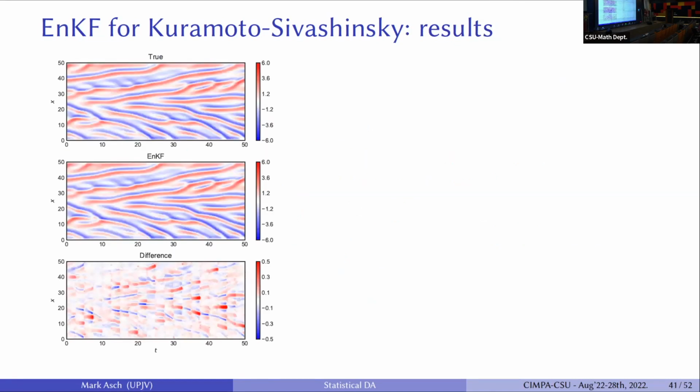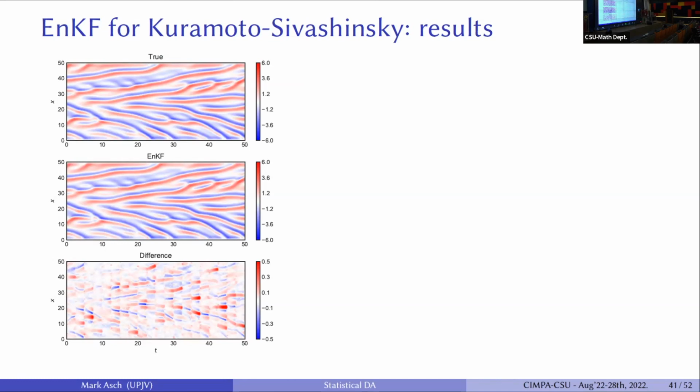And what's amazing is that with the ensemble Kalman filter, here's the true trajectory. Here's an ensemble Kalman filter which is obtained from noisy measurements, and you see the difference is reasonable. It's not very small. Let's say it's about 0.5 over 5. It's approximately 10% error, which is really not bad, not deviating a lot. That's at a certain time.